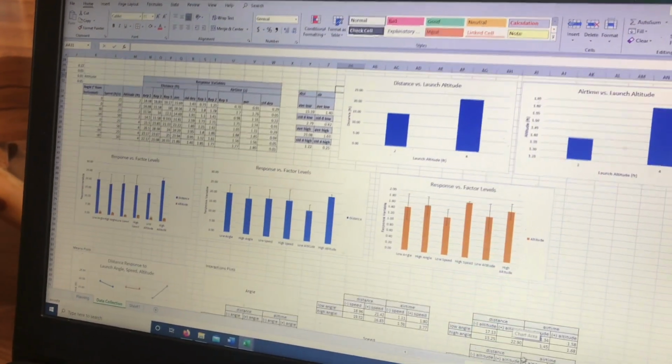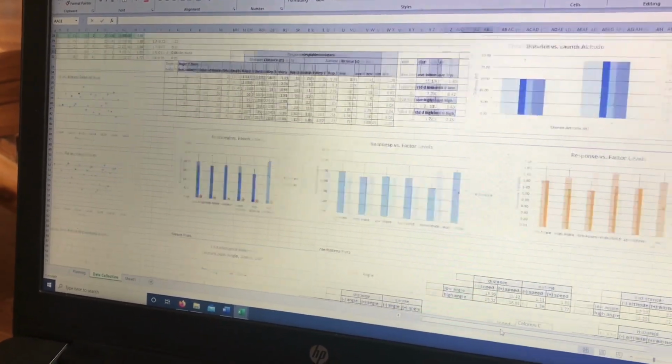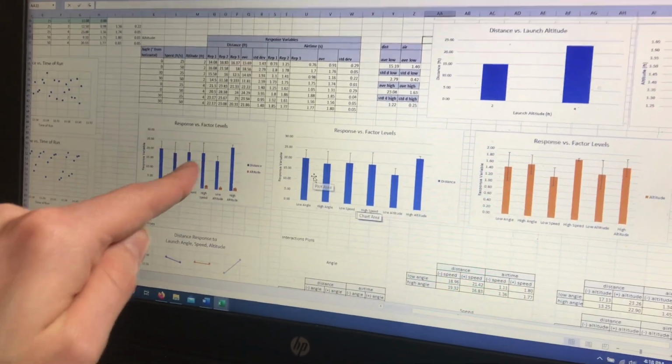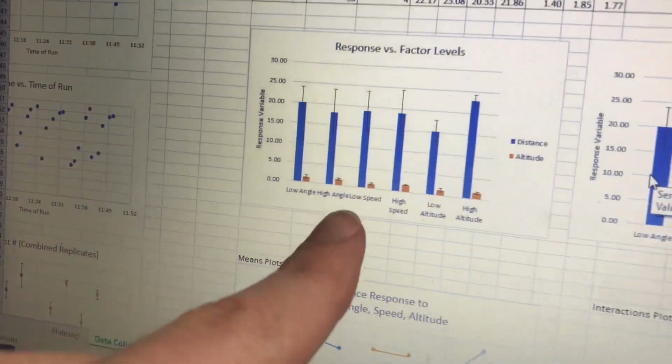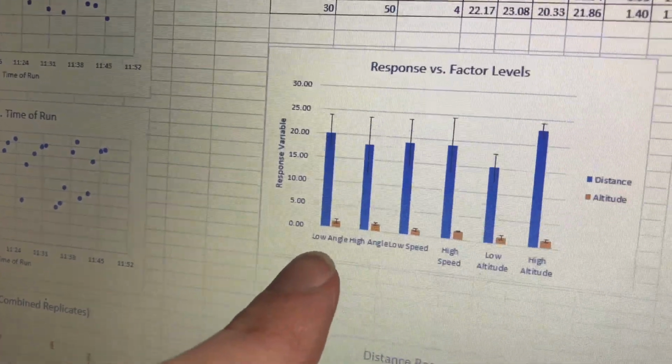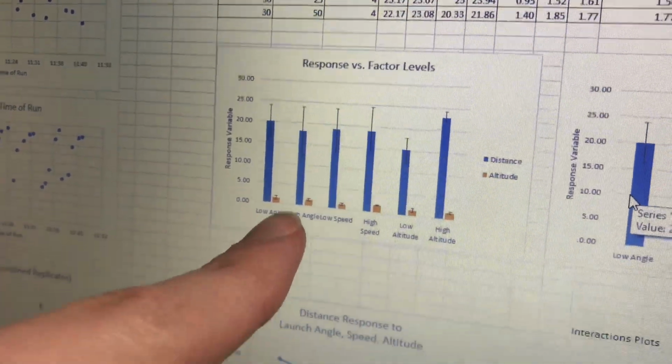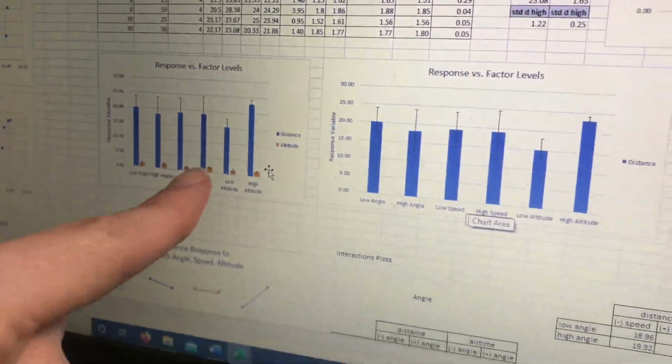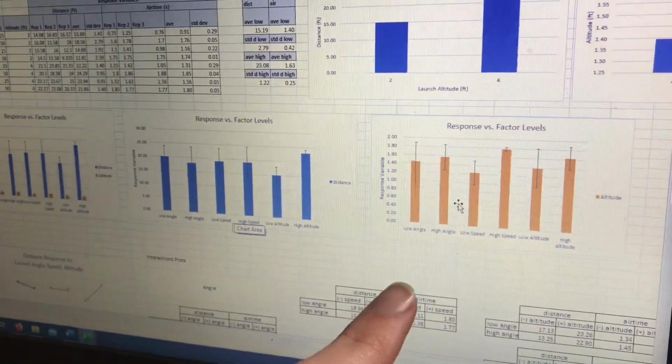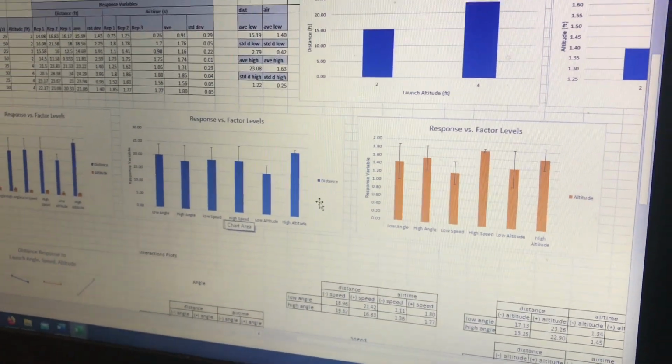Then I was able to condense those graphs into this one right here. That has all of that same information about how everything affected everything else. And because that's a little bit hard to see, I just expanded it out into these 2 separate graphs.